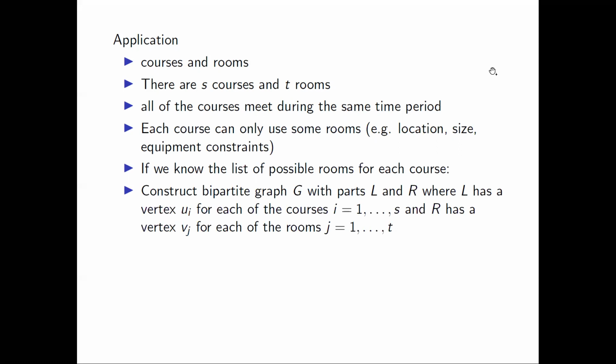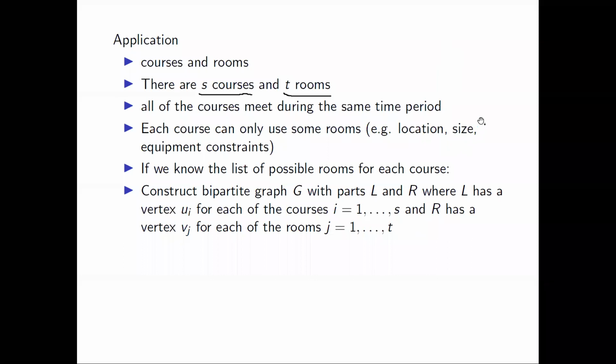So if we name our courses course 1, course 2, all the way up to course S, because there's S total courses, then we'll let the vertex U_i represent the course i. And on the right side of our bipartite graph, we will have T vertices for each of the T rooms. And if we call the rooms room 1, room 2, up to room T, the vertex V_j will represent the room j.